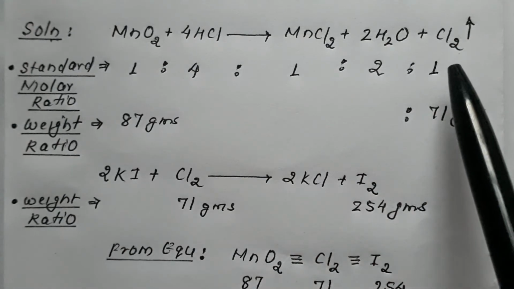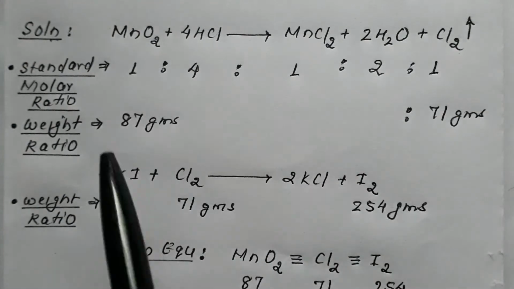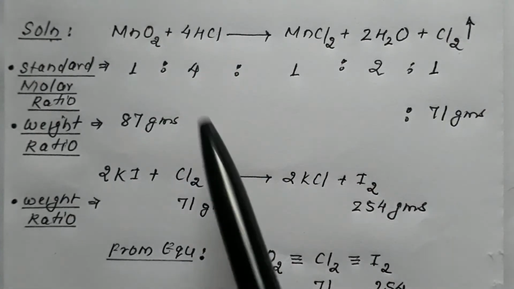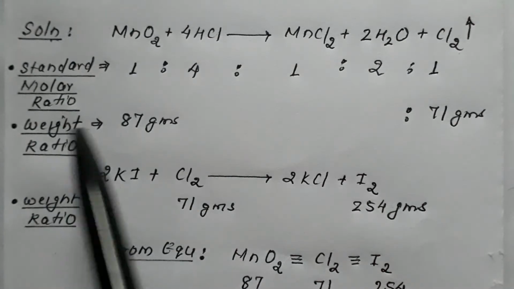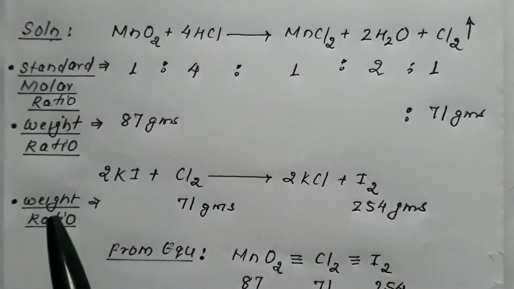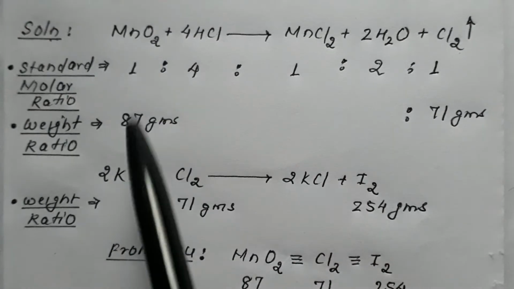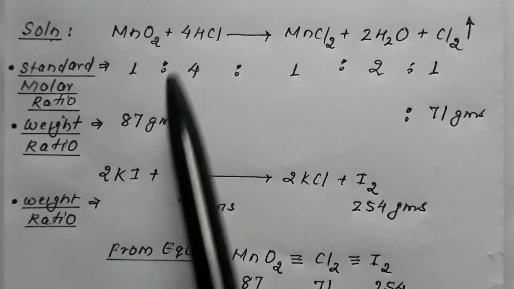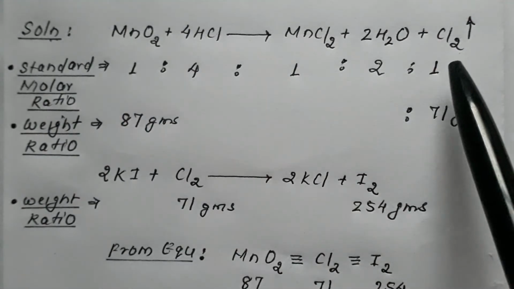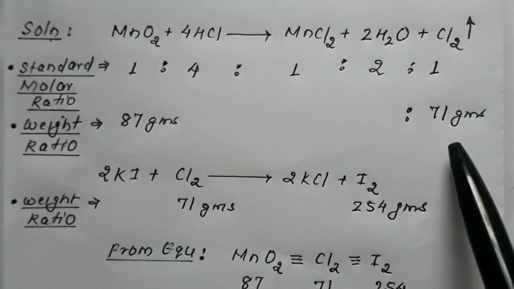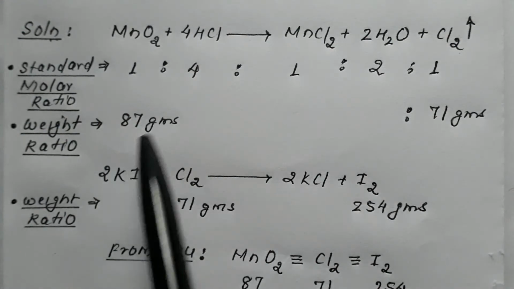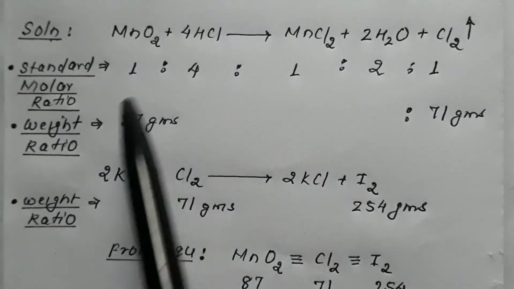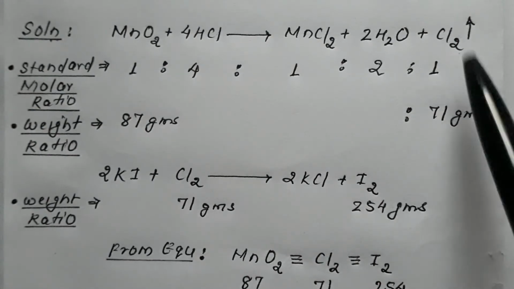I'm just considering these 2 components only, MnO2 and Cl2. Let us convert this molar ratio into weight ratio. The molecular weight of MnO2 is 87 and chlorine is 35.5 into 2, that is 71. So we can say that 87 grams of MnO2 produces 71 grams of chlorine.